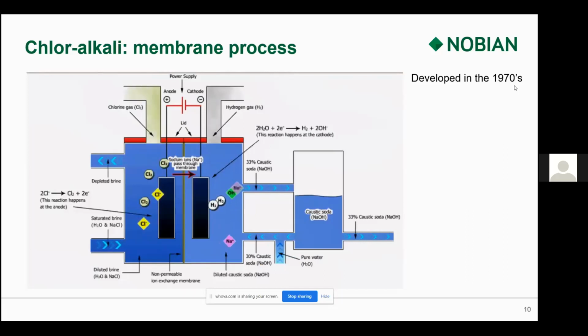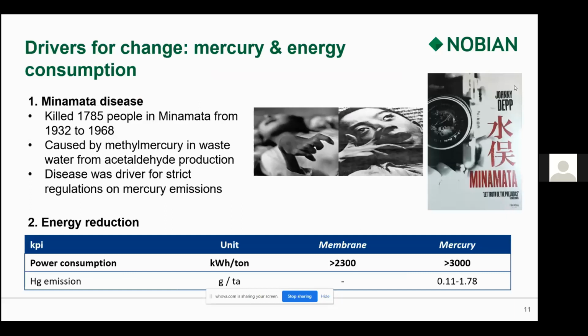So something has happened in the meantime that has led to the change of the mercury process to the membrane process, and I want to briefly walk with you through that history. Because first of all, before you can change a process, most important is that you need certain drivers for change.